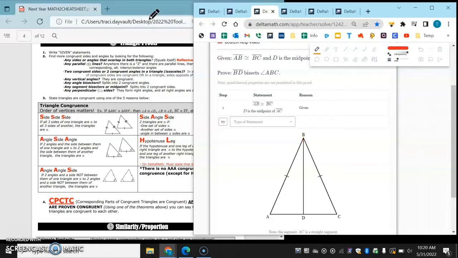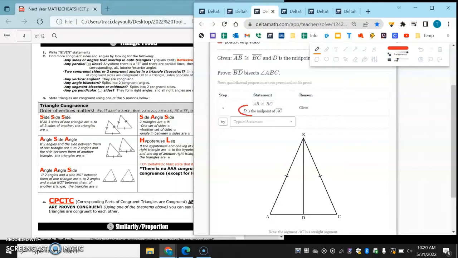The method we're going to use for all of these questions is to first prove that two triangles are congruent. The two triangles that we need to prove are congruent are going to be ABD and CBD. Right now, I've got one side in each of those. Let's see if we can find any other sides or angles.